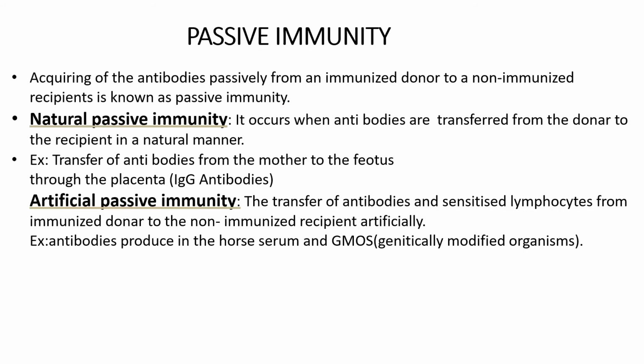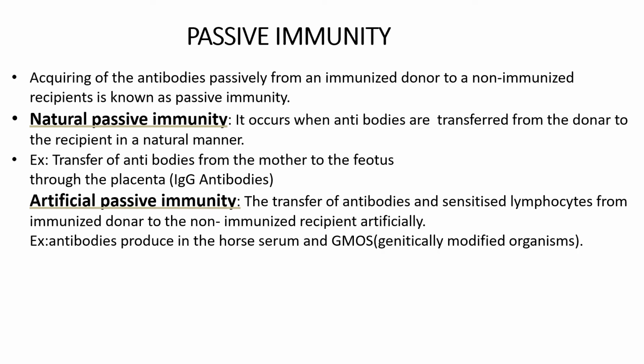Passive immunity. Acquiring of the antibodies passively from an immunized donor to a non-immunized recipient is known as passive immunity. Here it is again of two types: natural passive immunity and artificial passive immunity. Natural passive immunity occurs when antibodies are transferred from one donor to the recipient in a natural manner.